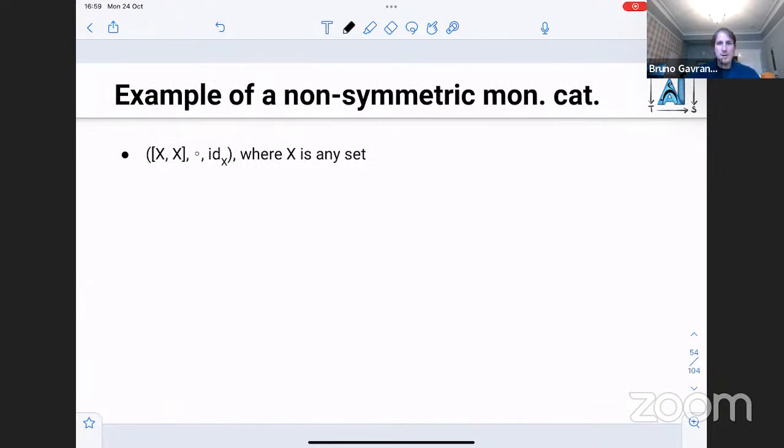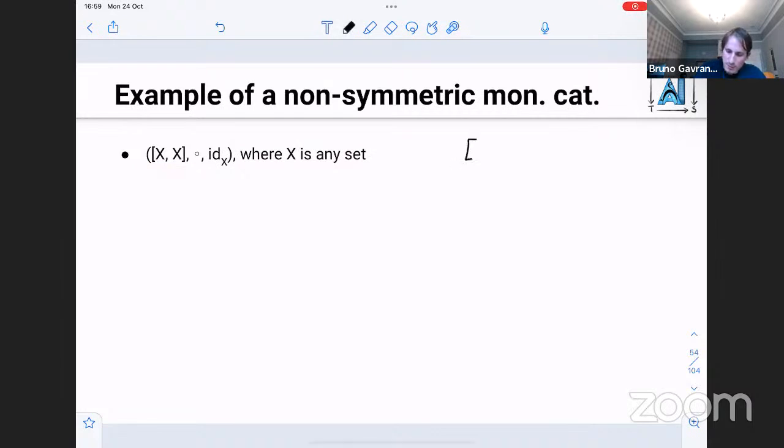Okay, so we might wonder, if being symmetric seems quite a natural thing, why do we bother with monoidal categories? And I'm going to give you one example of a monoidal category that is non-symmetric. So you might remember from the first lecture this notation for the exponential.